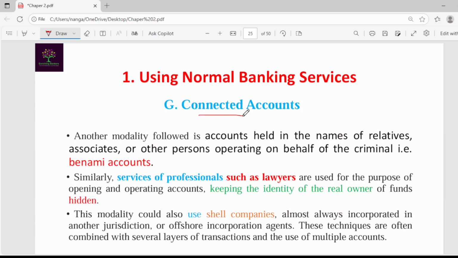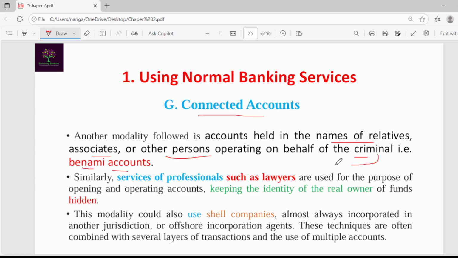Next method is connected accounts. Criminals use benami accounts. Generally, benami accounts are opened in the names of relatives or associates or other persons. Benamis just give their name and identity to the criminals.